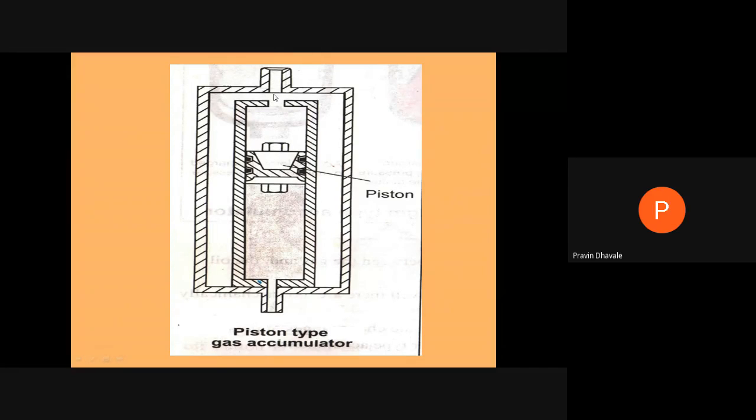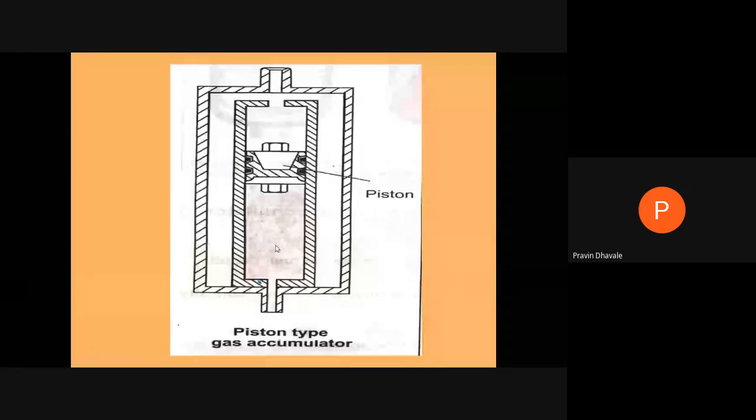There will be no passage for the gas to enter the inner cylinder from the bottom side. There will be one single passage for the fluid coming out from the pump. It will enter the inner cylinder only at the bottom side of the piston.